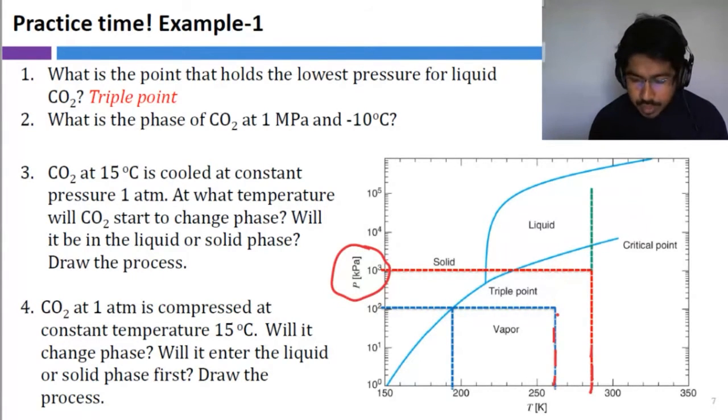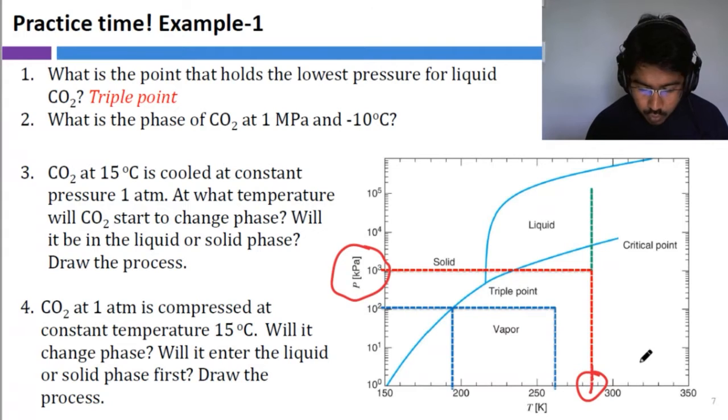Perfect. Now let's look into question number 3. It asks CO2 at 15 Celsius. So 15 Celsius in Kelvin scale is going to be 15 plus 273.15, right? It is essentially around 288. So we locate that temperature here.